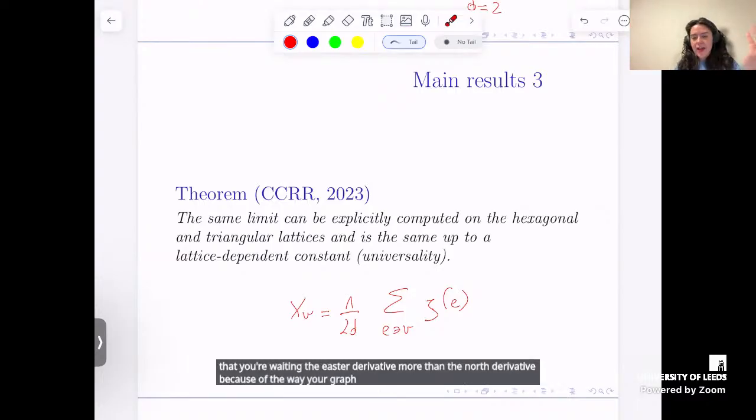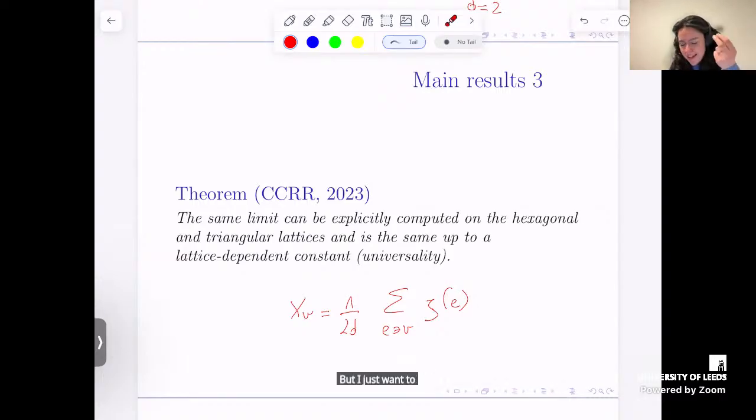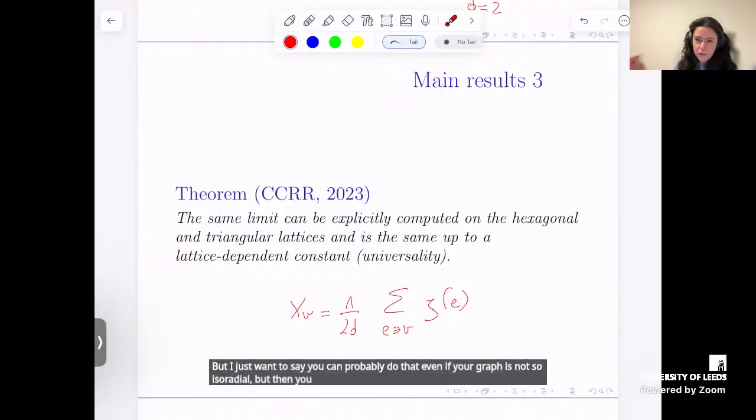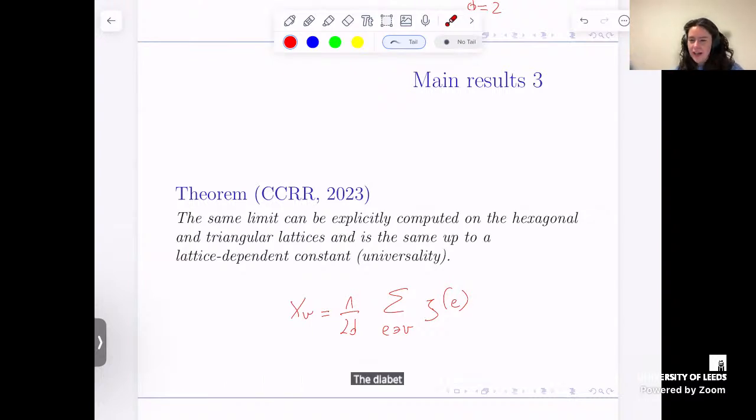And in another point, instead, you're approximating the R^d derivatives equally. I don't know if what I'm saying makes sense, but you can probably do that even if your graph is not so isoradial, but then you have to work a lot because you have to say, okay, this point is of this type, and in this other point, the derivatives are approximated in this other fashion. So it's just more work.